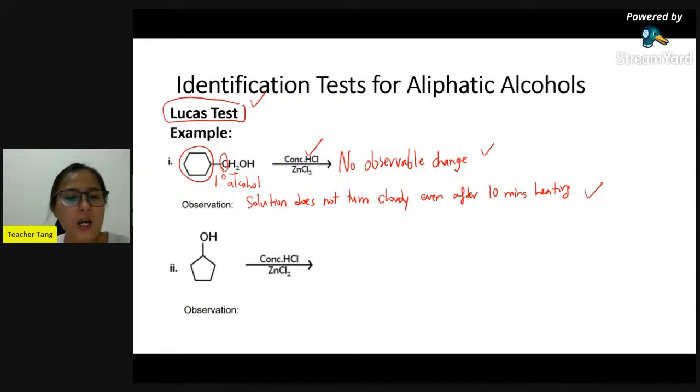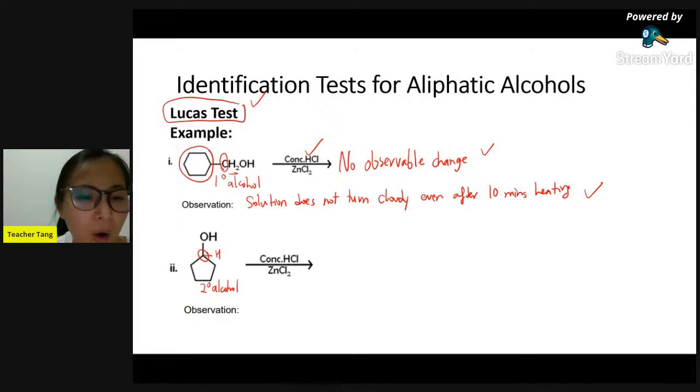Okay, so now we move on to number 2. Again, to know whether you get a product or not, you need to ask yourself what class of alcohol this is. This one has 1 hydrogen, which means 2 alkyl groups, so this is a secondary alcohol. For secondary alcohol, the reaction occurs within 5 to 10 minutes.